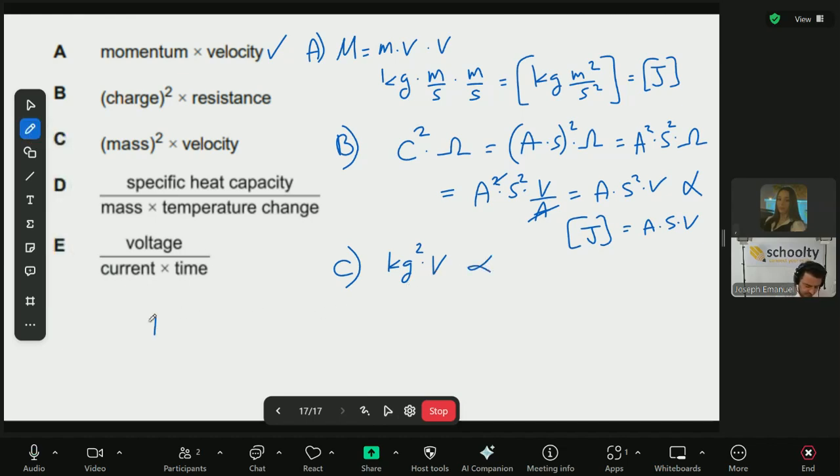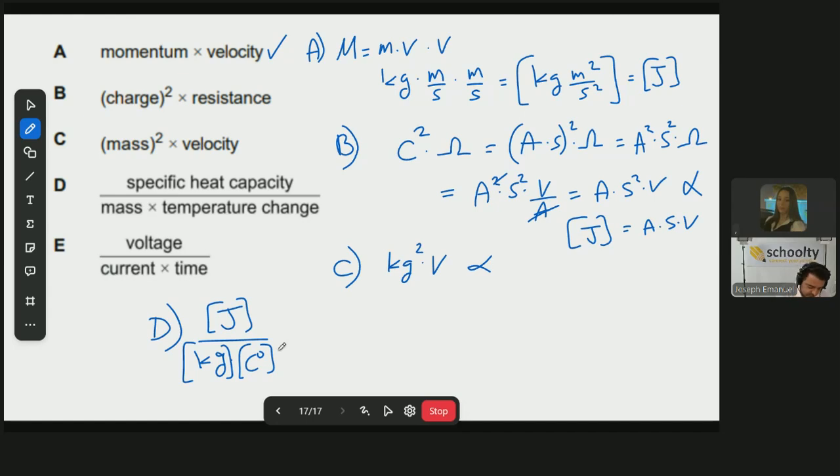D. Specific heat capacity divided by mass multiplied by temperature change. So actually specific heat capacity, this is joule. Mass, this is kilogram. Temperature change is in units of Celsius. No, wait.